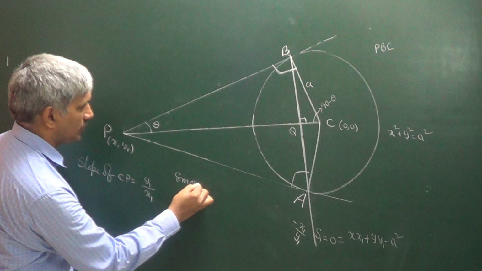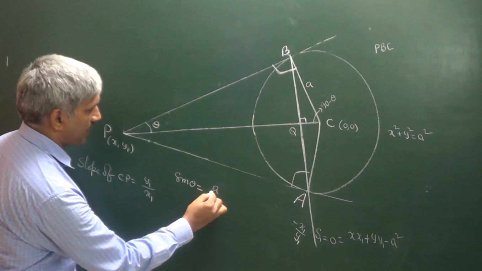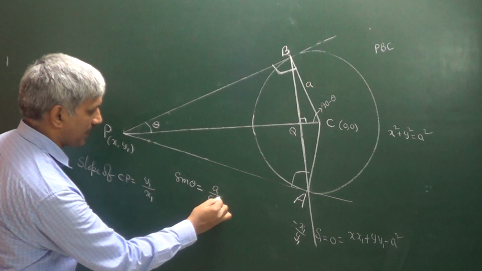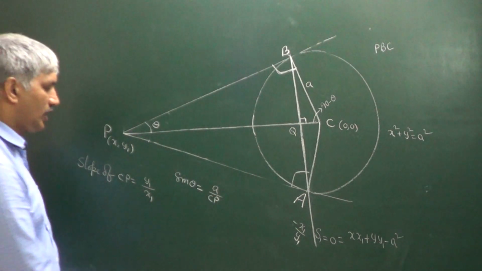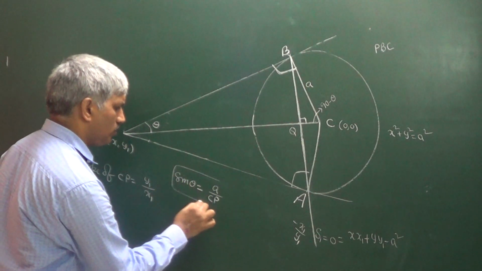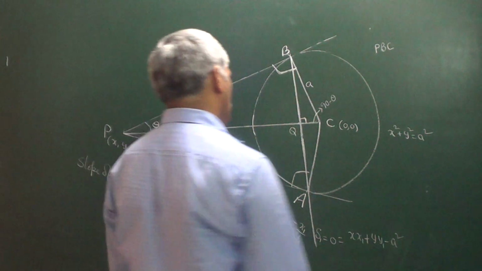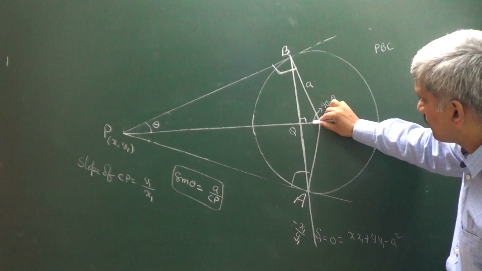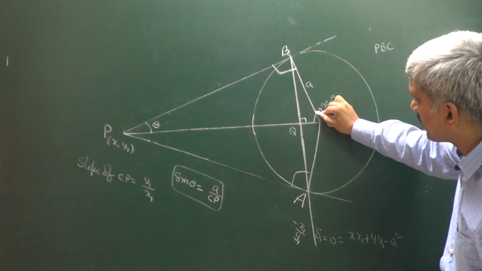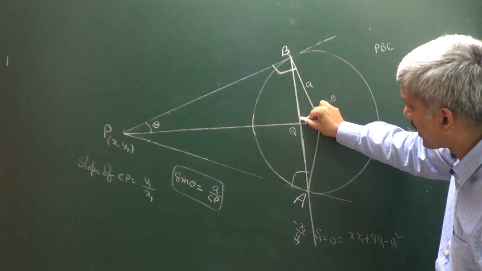Sin theta is equal to radius A divided by CP. Therefore we are getting sin theta is equal to A by CP. As we know from this angle we got 90 minus theta, and you know this is equal to 90 degrees.